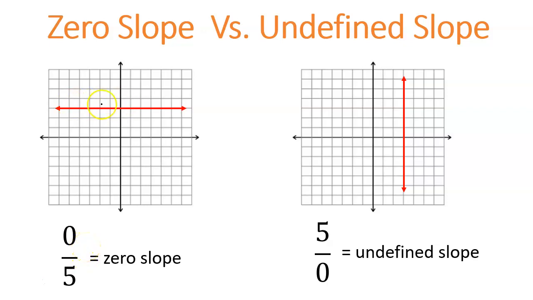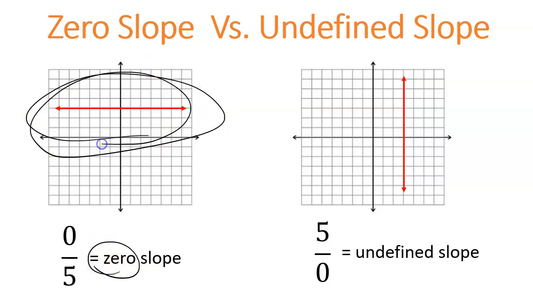So you can see here I have no rise. No rise. What's my run? My run is infinite, right? Technically, my run is to infinity. So 0 divided by anything is 0. Okay, so you need to commit that to memory. If you see a horizontal line, you need to know right away, slope equals 0.